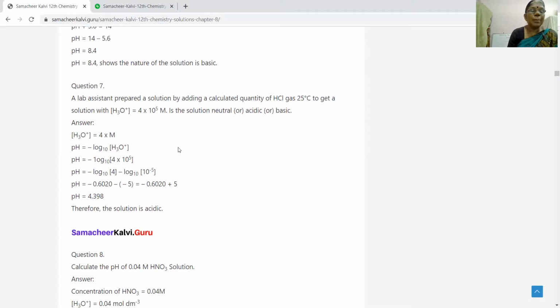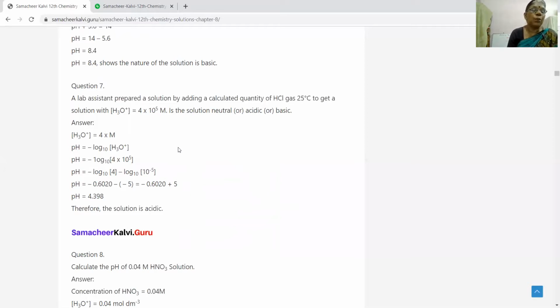The formula for pH is equal to minus log of hydronium ion concentration, and if you substitute that value, you will get pH is equal to minus log 4 into 10 power minus 5. If you split that, you will get minus log 4 to the base 10 minus log 10 power minus 5.